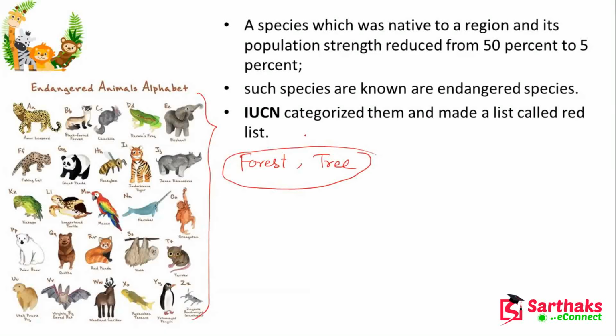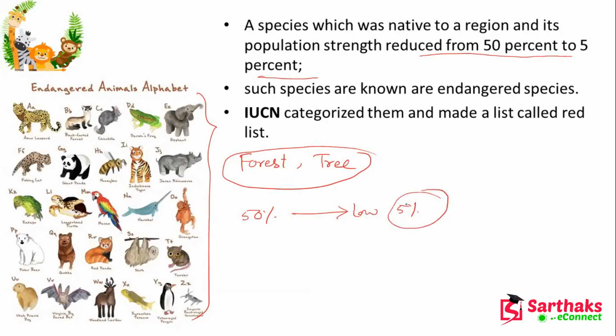So a species which was native to a region and whose population reduced from 50% to 5% is what we call endangered. Where the population of this species was 50%, it becomes low, only 5%.